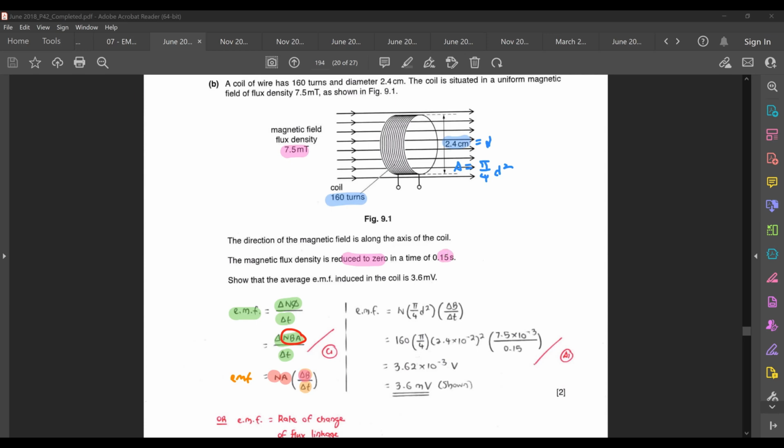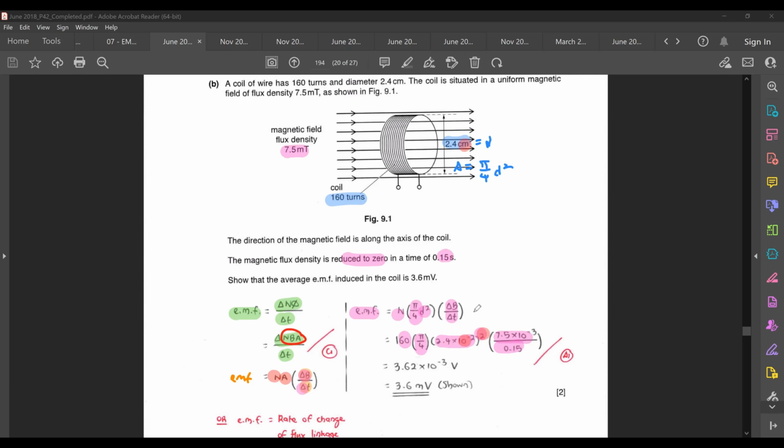So you already know these values here too. So all that's left for you is really just to substitute whatever you know. So EMF being N times π over 4 d squared times change in flux density over time will give you these values over here. Just remember to change your centimeter to meter and don't forget the square.